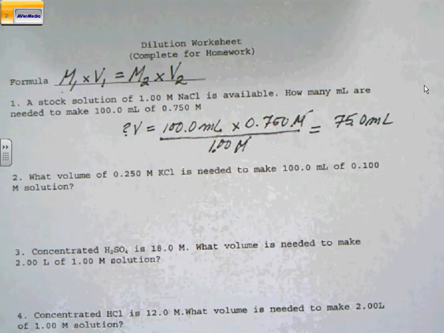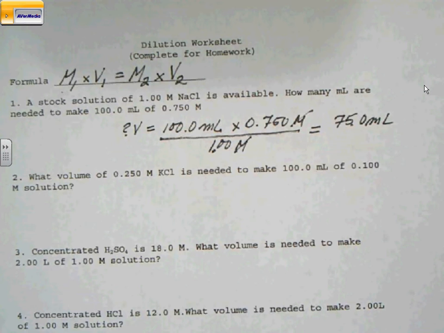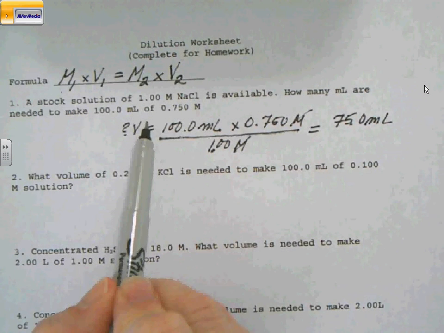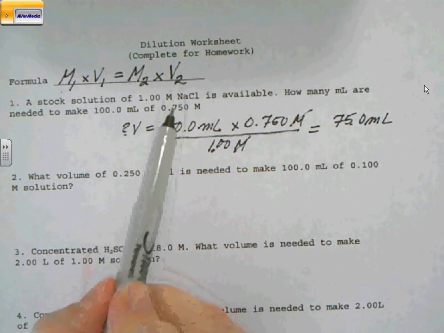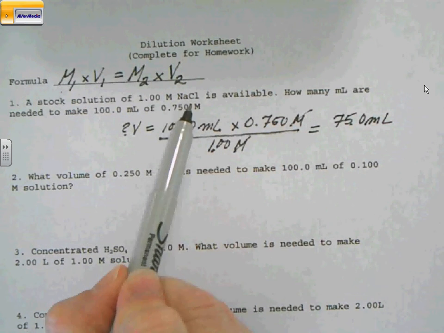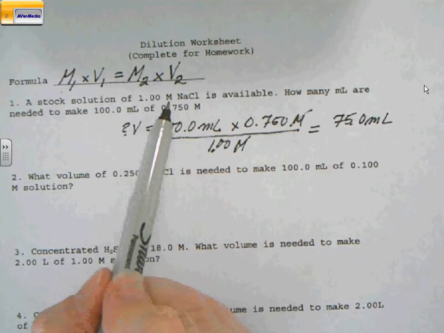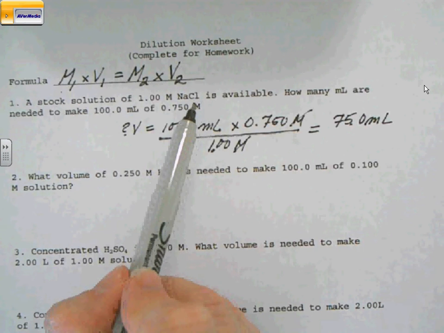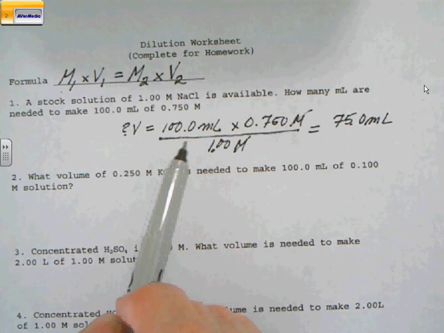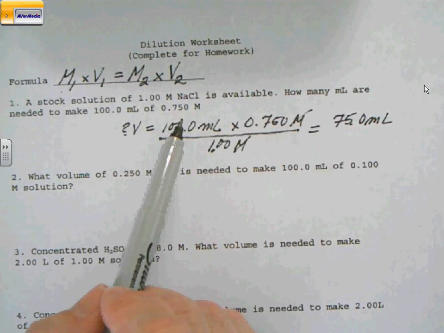Okay. Sometimes in certain reactions you need different concentrations. So let's change this from NaCl to Gatorade. I have a 1.00 molarity Gatorade. I want 100 milliliters, but I want it diluted to 0.75. So I'm taking 75 milliliters of the original Gatorade solution, adding water to 100, and I've diluted it. And now I know the exact concentration, 0.75.